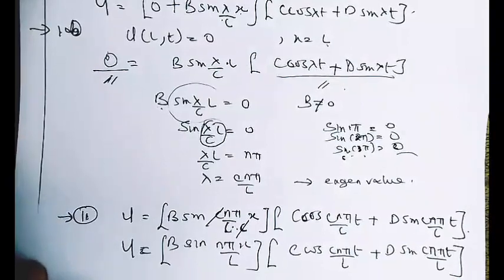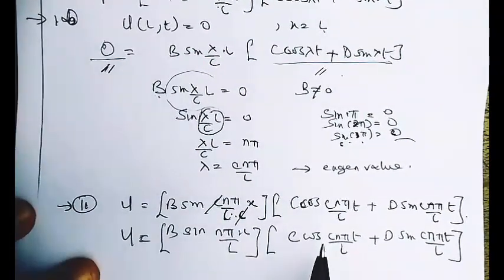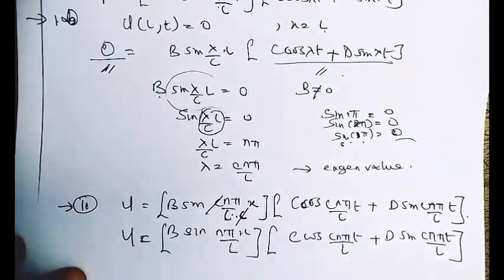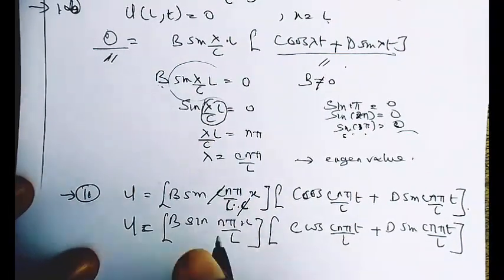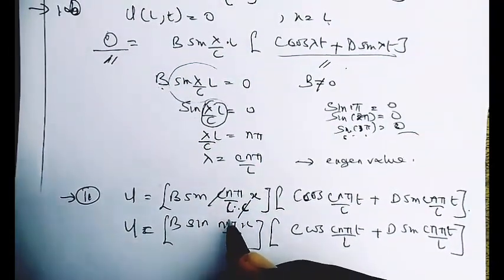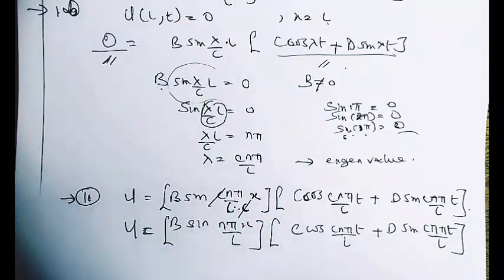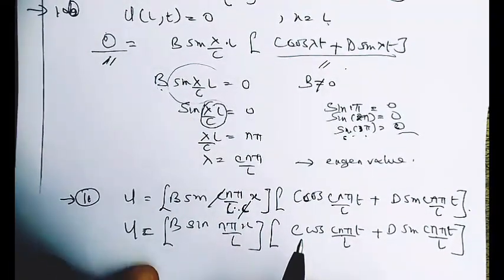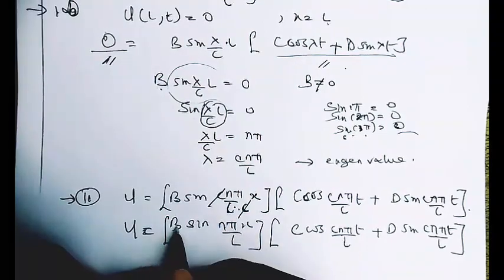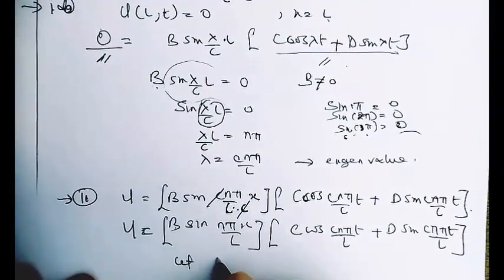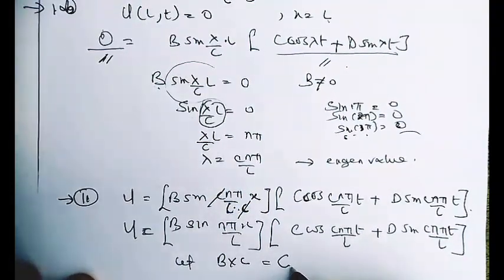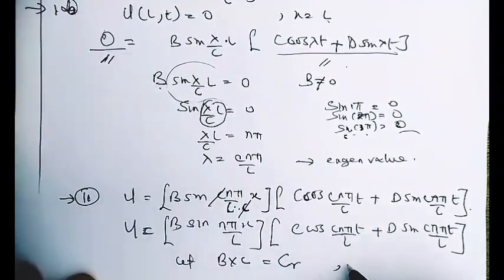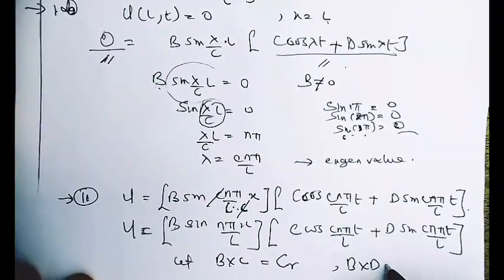Remember, all this solution is to calculate the value of u. Since we have gotten the value of lambda, and we have n here, we can have a series from this. First, let b times c be equal to Cn, and let b times d be equal to Dn.